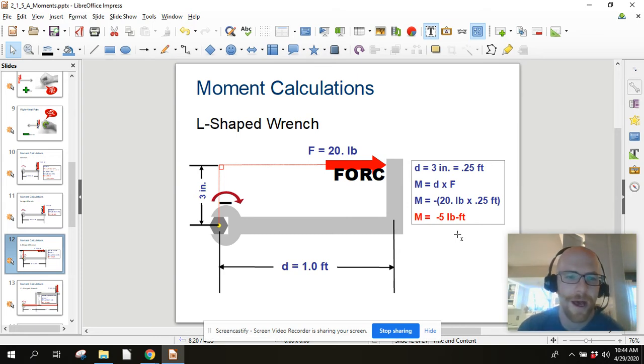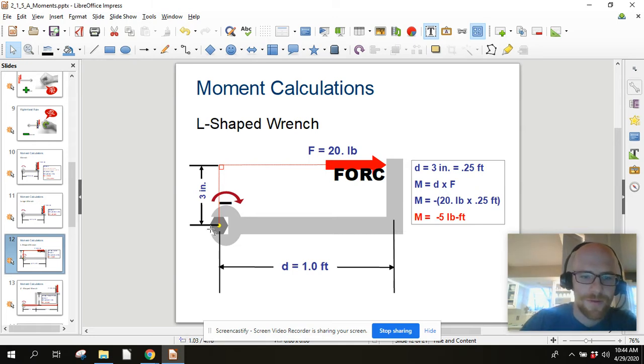Here's an example of an L-shaped wrench and how it really shows off the perpendicularness of a moment. Here is our rotation point, here is our force. This distance of the foot is parallel to that force, so that's not even calculated in the moment.